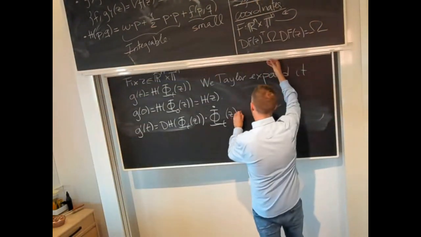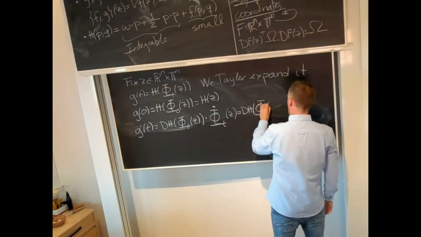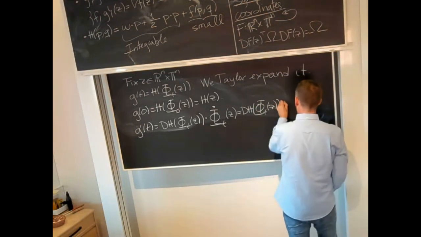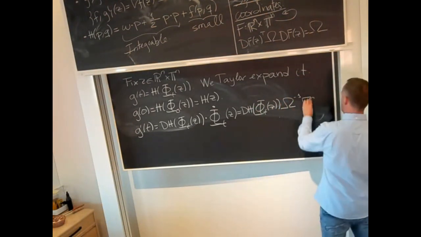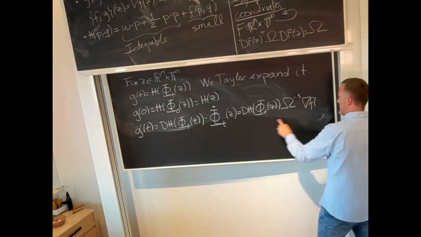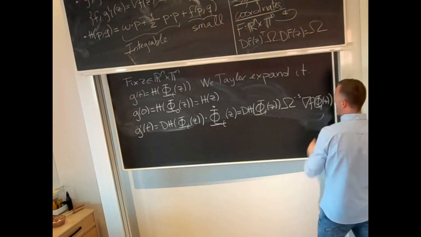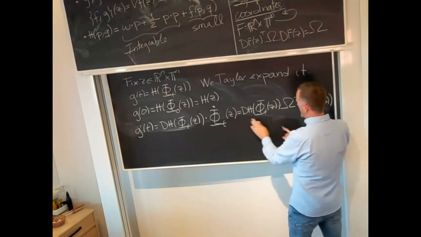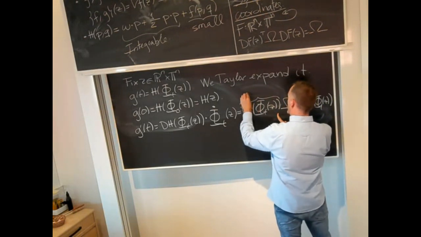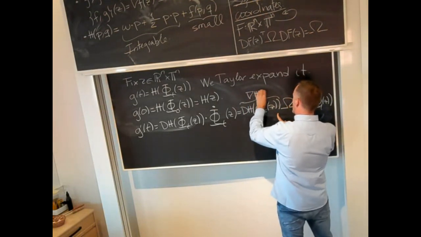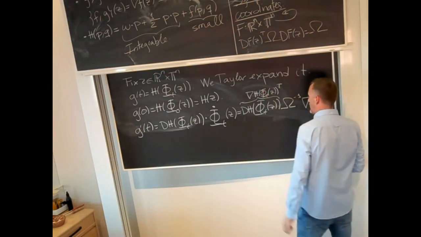So this is the Jacobian J times the gradient of f at phi t. And we use that the differential is equal to the gradient transpose.